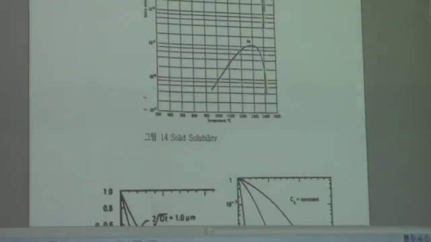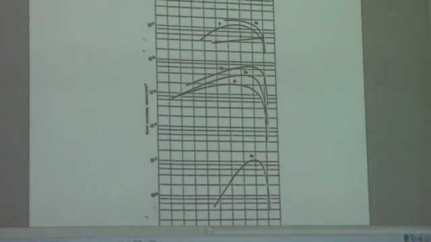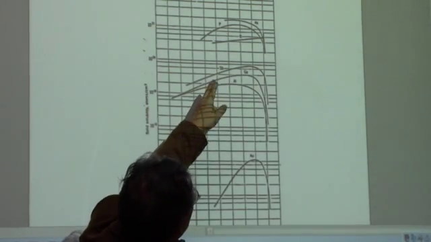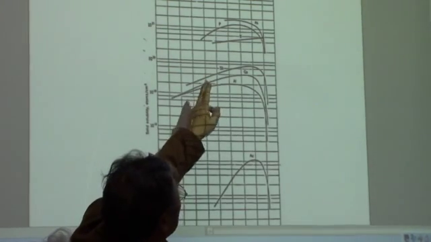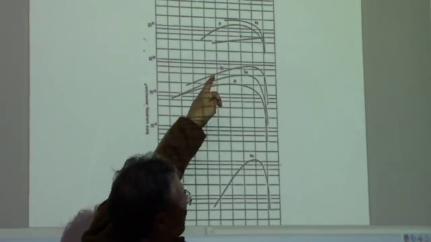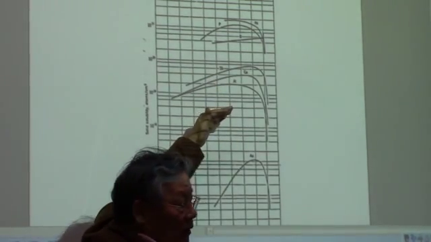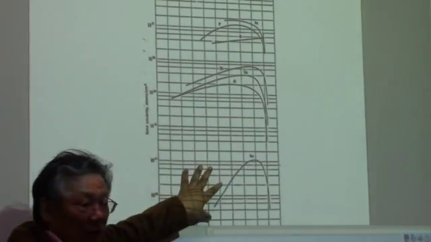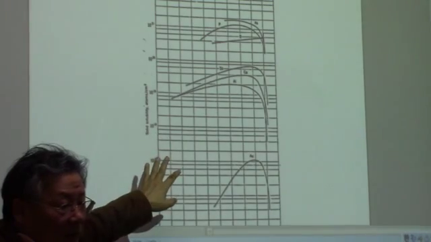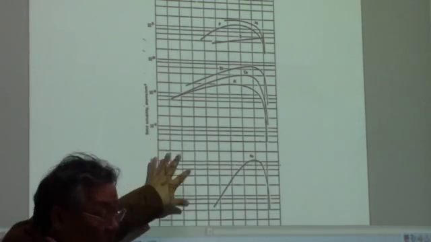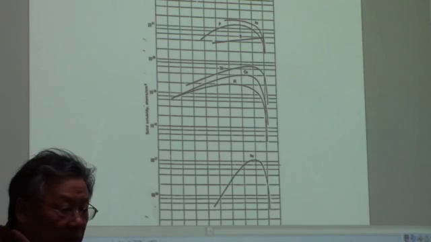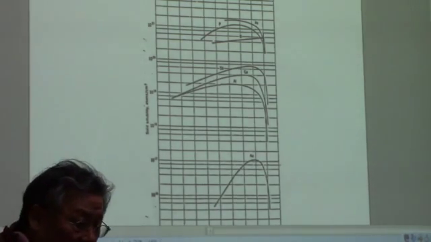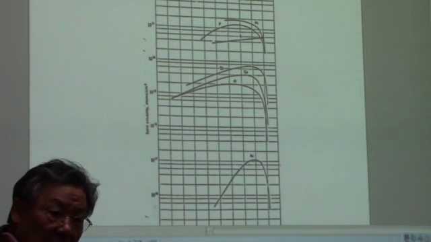Now, the solubility limit has been shown here. You notice that typical dopant atoms like phosphorus, boron, arsenic, and antimony have a high solubility limit compared to gallium, aluminum, or gold, or things like that. And that is very important if you want to have a low resistance. Then you have to put a large number of dopant atoms, right?